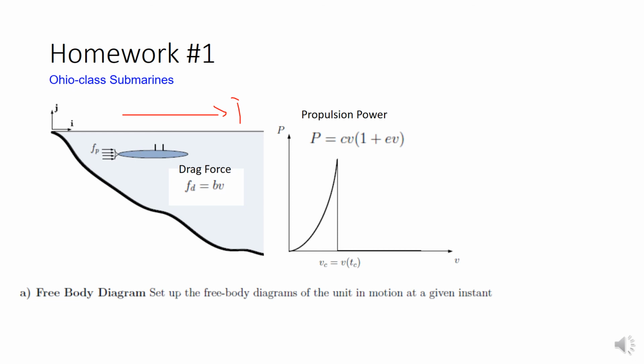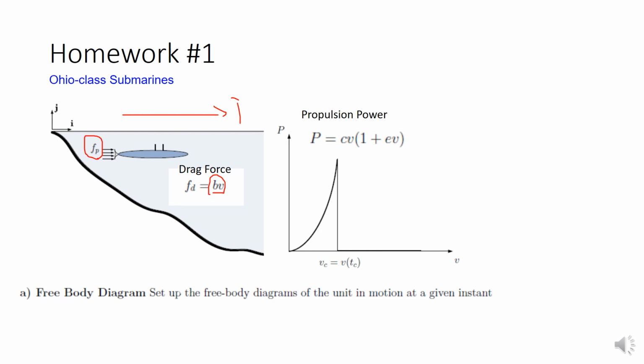And we have a drag force. Drag force will be related to the damper term. It will be the damper coefficient multiplied by the velocity. And we have a propulsion force here, Fp, but I did not give you the propulsion force.